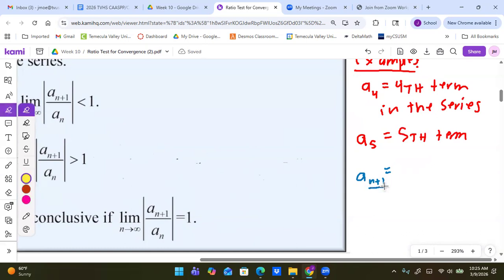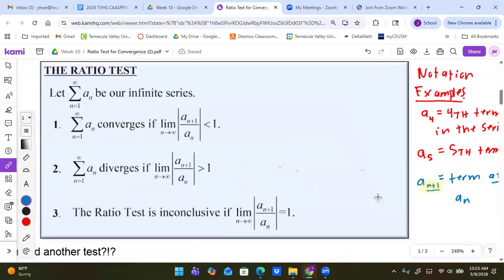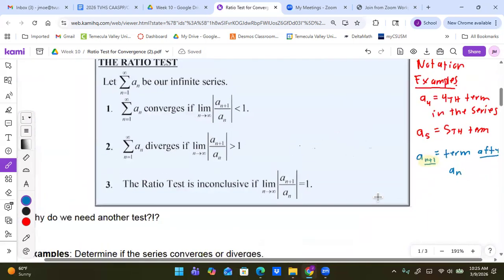The n plus 1 makes it the term that comes after a sub n. And again, a sub n is general. It could be the sixth term, then a sub n plus 1 means it'll be the seventh term, the one right after it. Because you're going to see that when we talk about the ratio test criteria.